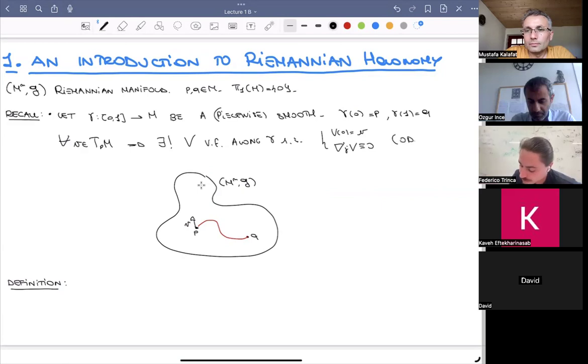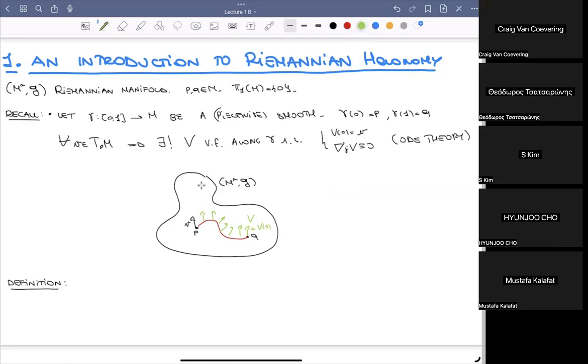This is just ODE theory. So we construct something like this in my manifold, and V(1) is the transported vector.